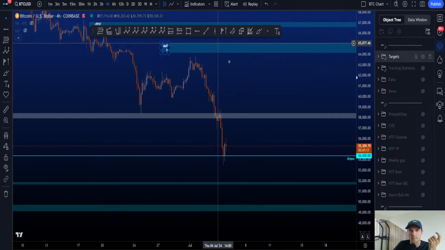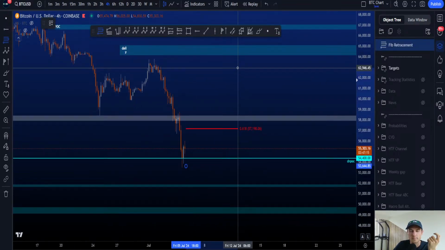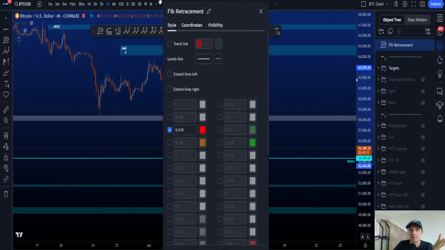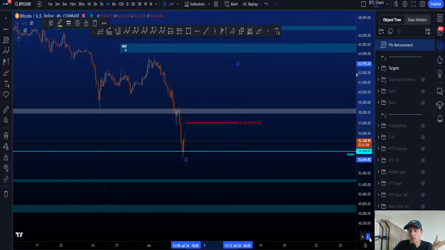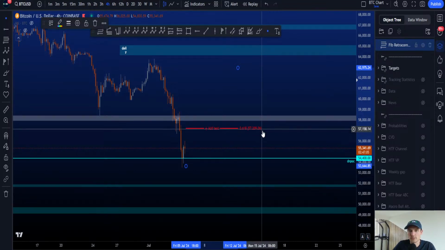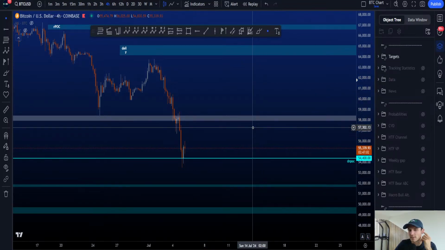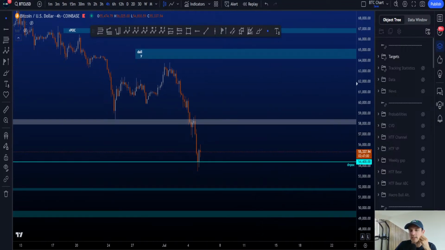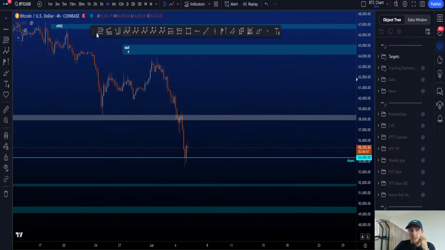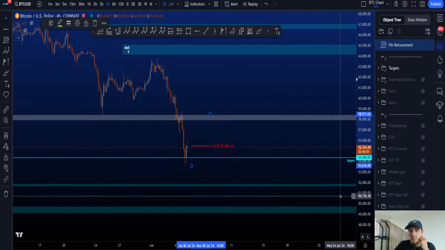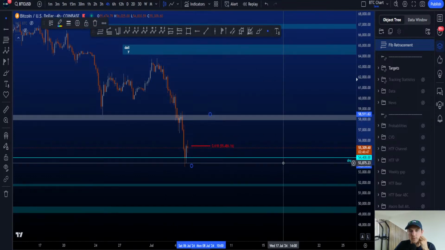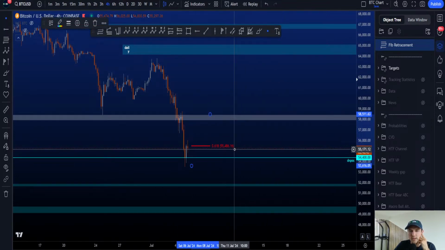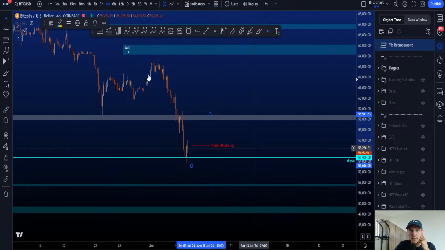And also locally, if you pull a fib here, there's barely any difference between using the fib in log or not using it in log. It's literally like a few dollars. So it doesn't do anything. So I'm on a linear chart now. If I just pull a fib and quickly go to log, one second to turn this off, and then move it off, so now it is 55,486, right?